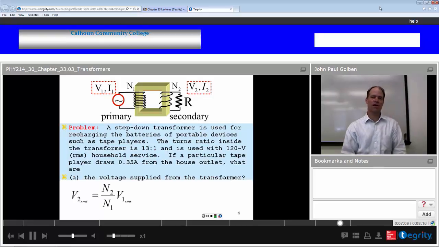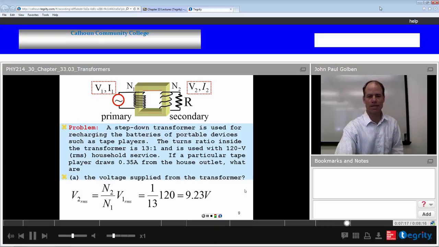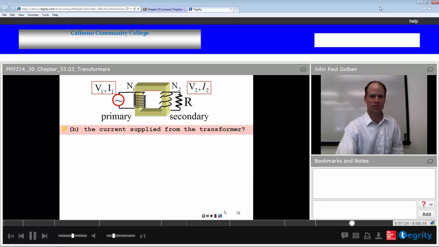Well, the voltage RMS of the secondary is going to be equal to the turns ratio, N2 over N1, times the voltage of the primary. That's going to be 1 to 13 of 120 volts, or 9.23 volts. What's the current supplied from the transformer? We can use the same ratios.